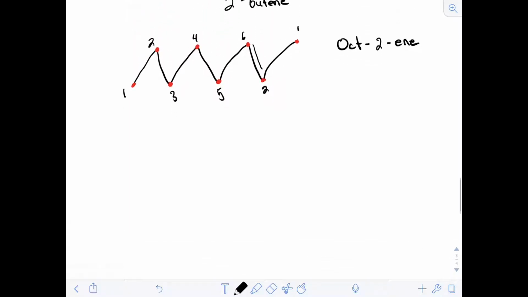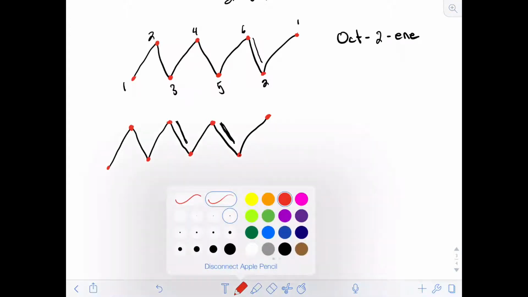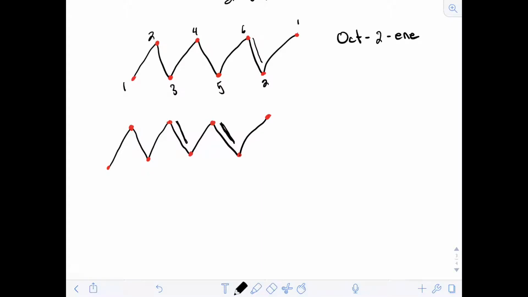So next we're going to see what happens when we get 2 double bonds on a carbon chain. So again, very similar to this. We're going to have a double bond there and a double bond here. And then we'll mark our carbons for you. Okay, so then here we're going to count up our double bonds.